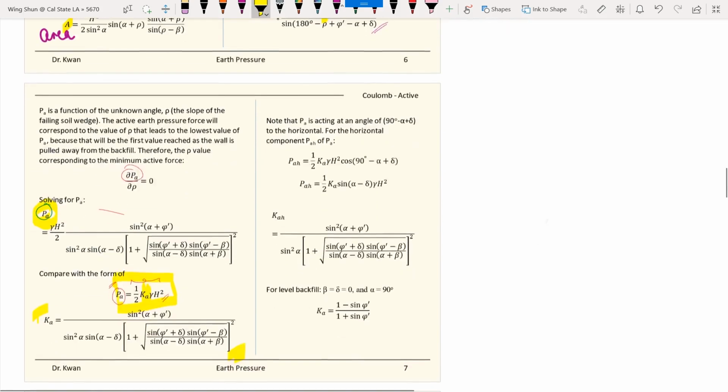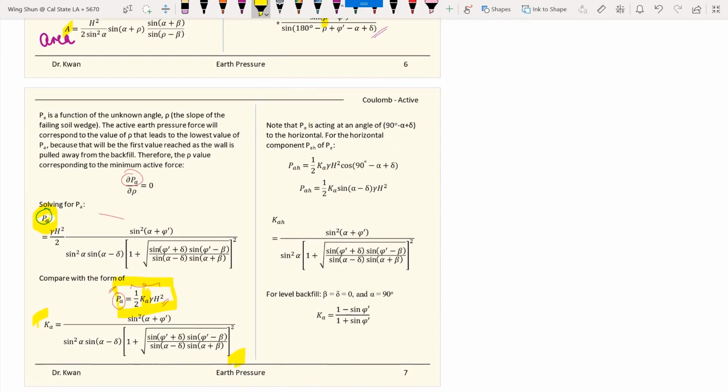And similarly, for the Ka terms, if we want to find out the K, what is it equivalent to based on the Coulomb theory, then we take care of the angles right there. So we multiply by the sine of alpha minus delta.